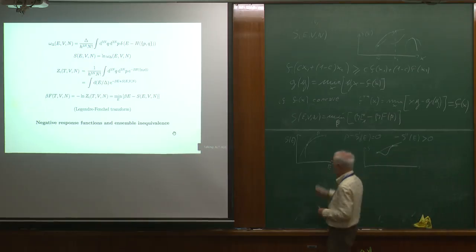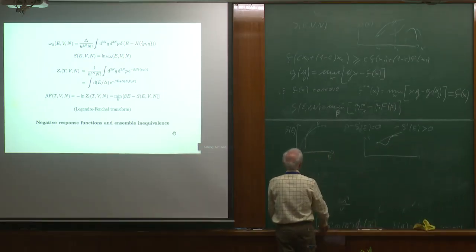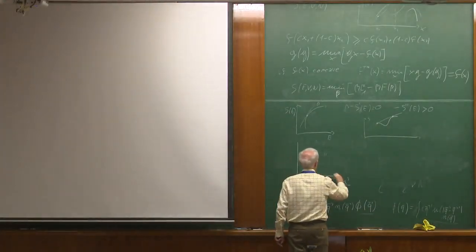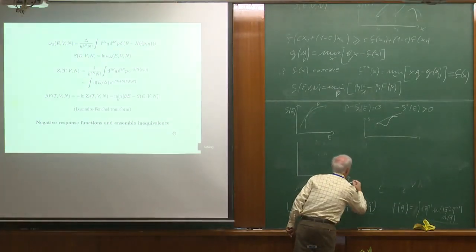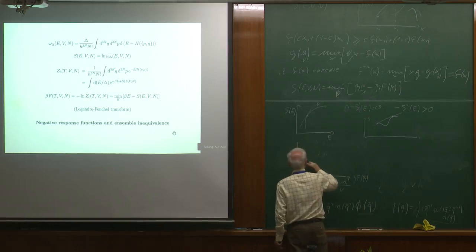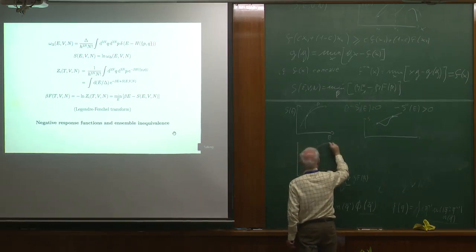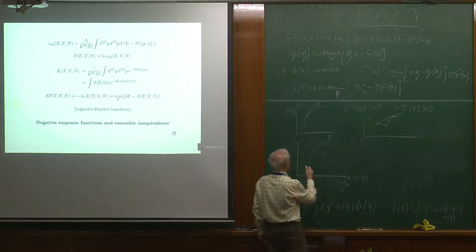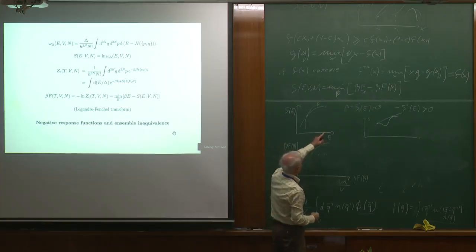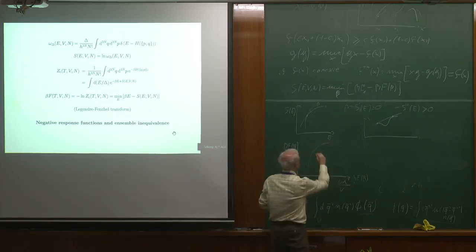So what happens here now? If I do the Legendre-Fenchel transform of this, I get a function, as I said, which is concave, always, like that, and continuous also. If I do the double Fenchel transform, I go back to here.